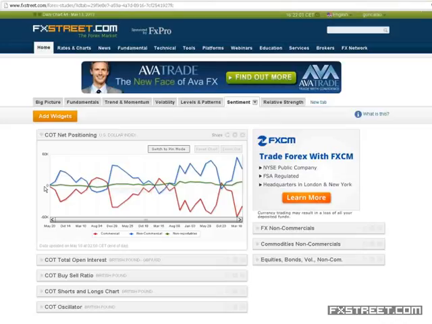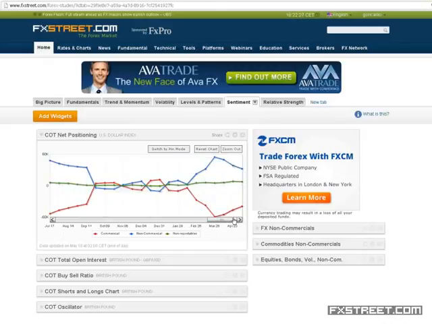For example, here in the dollar index, they have been net short in this period. If I hover, you lose sight of the chart, but you see these periods where the blue line gets below zero, and here once again. Right now we have them not at an extreme, but still in positive territory along the dollar index.